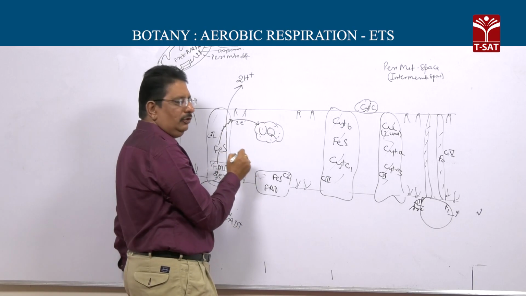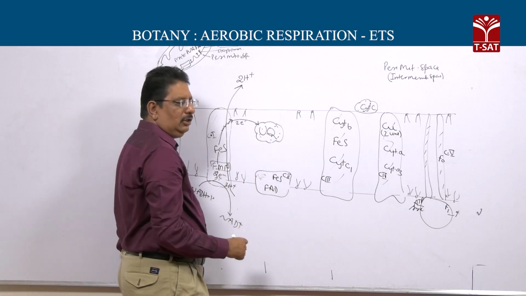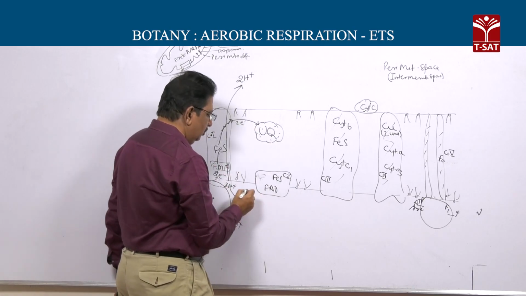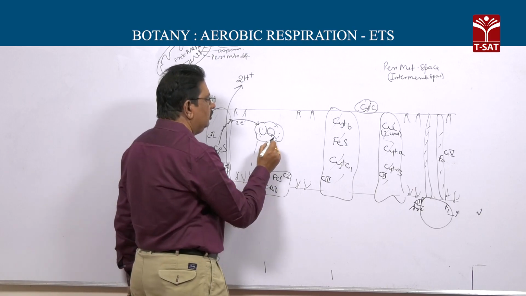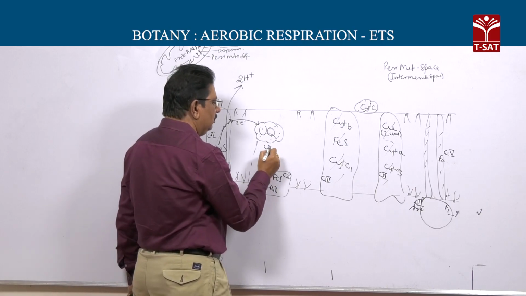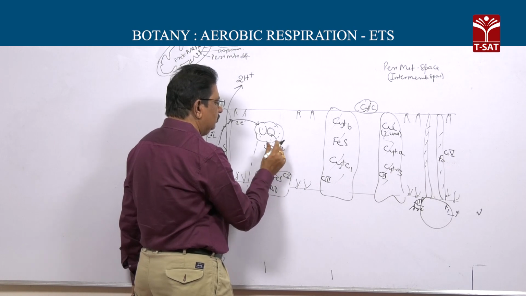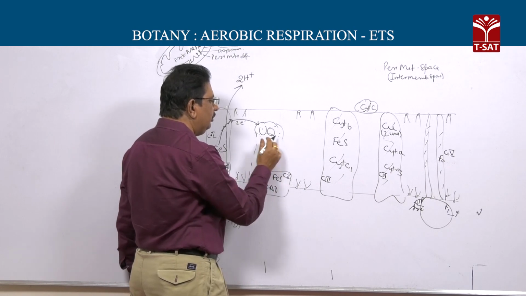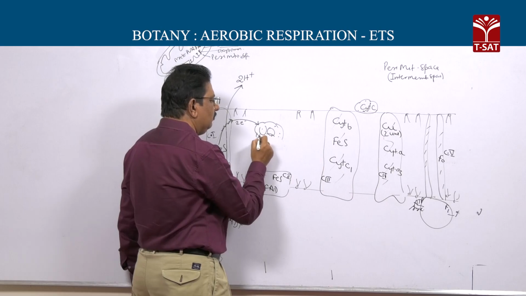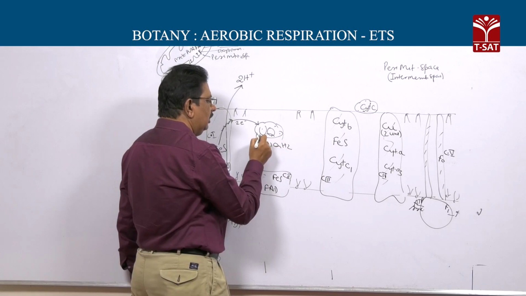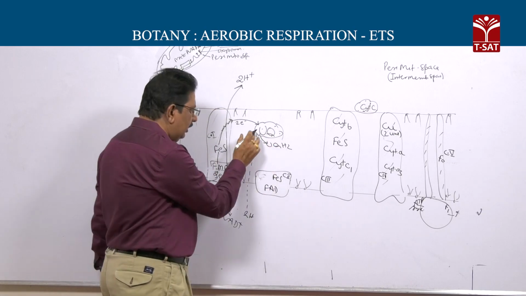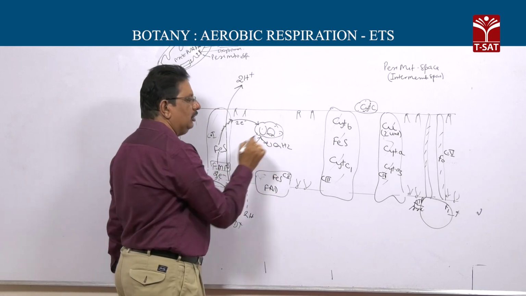And ubiquinone, by taking the electrons and also protons, converts into ubiquinol, UQH2. So, ubiquinone is now converted into UQH2 after taking the electrons and protons.